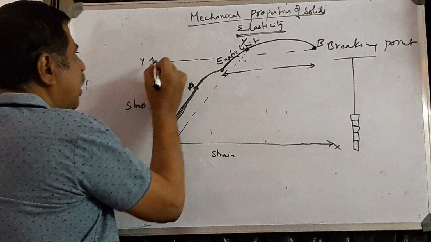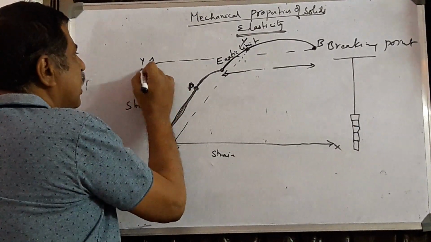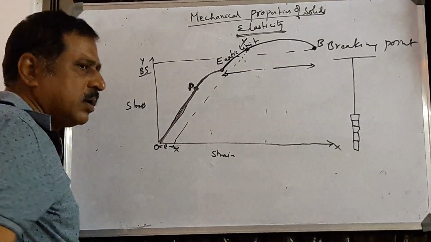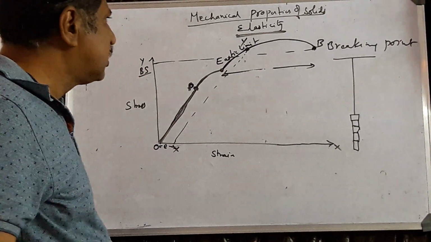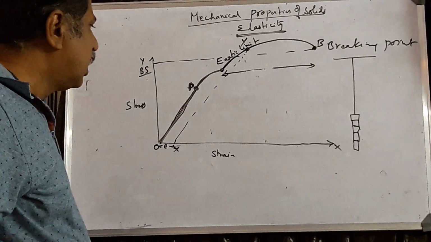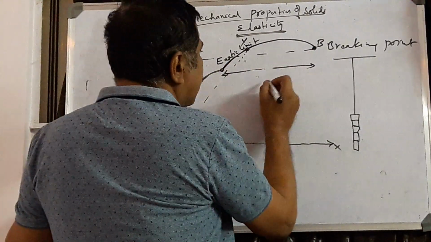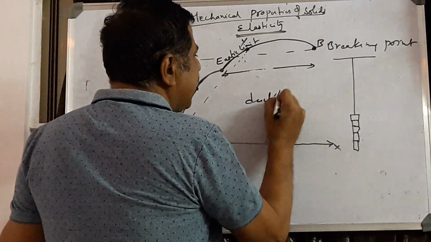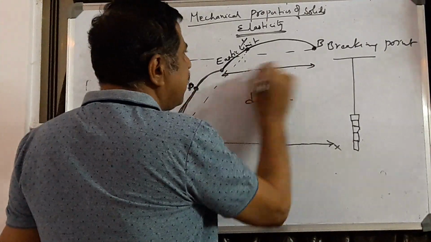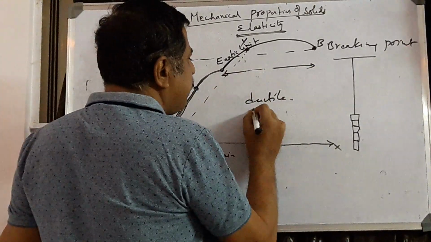The stress corresponding to the breaking point is known as the breaking stress. If the distance between E and B is large, then they are called ductile materials. If the distance between these two is less, then they are called brittle metals.